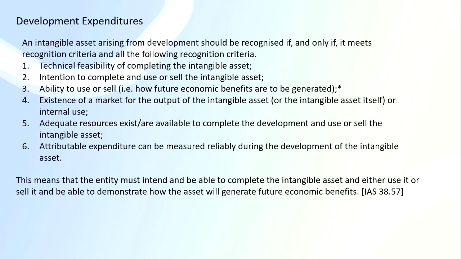Six criteria need to be met: first, technical feasibility of completing the intangible asset; intention to complete and sell or use it; ability to use or sell, from which the company expects to get economic benefit; existence of a market for the output of the intangible non-current asset, or internal use; adequate resources available to complete the development and use or sale of the asset; and attributable expenditure can be measured reliably during development.